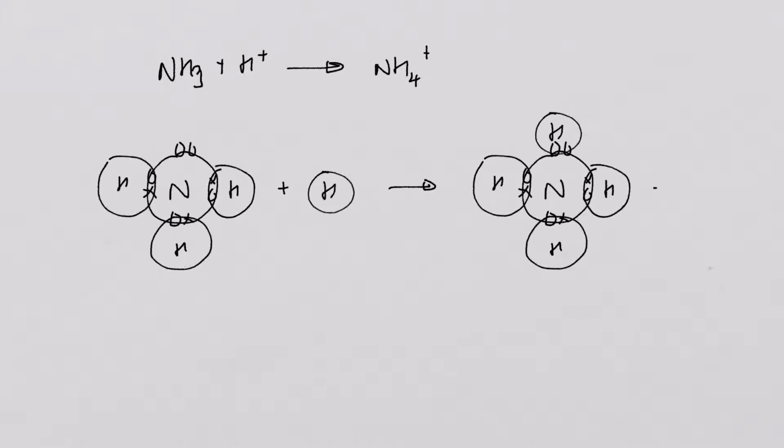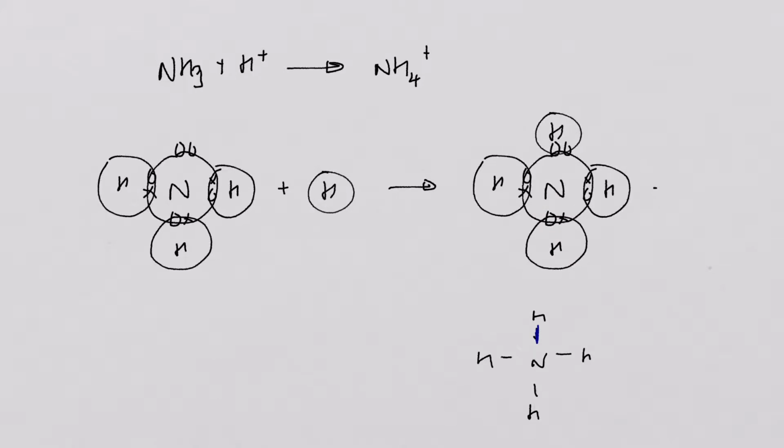And that happens there. So you'll see we've got 1, 2, 3, 4 bonding pairs, which means that we end up having something that looks like this overall. This bond here is this set of electrons here, and both these electrons have come from the nitrogen.